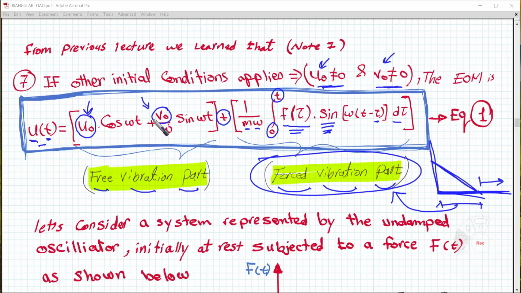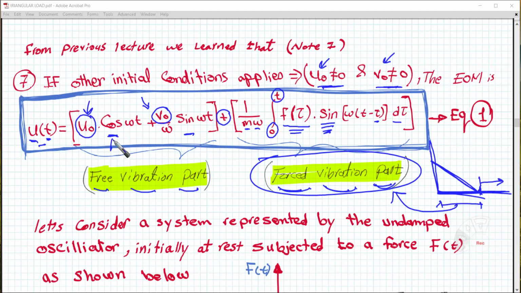So this means that our initial condition is always going to affect the free vibration part, which is going to be starting from here. Okay. However, in the forced vibration part, the initial condition is not going to affect us here. Another thing is that we have cosine and sine.